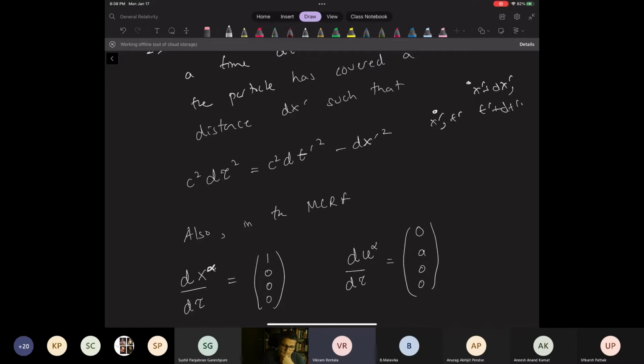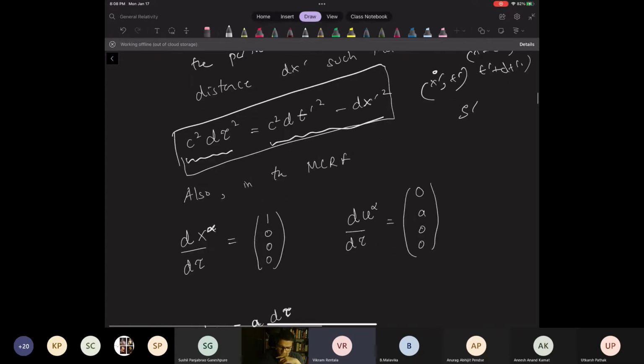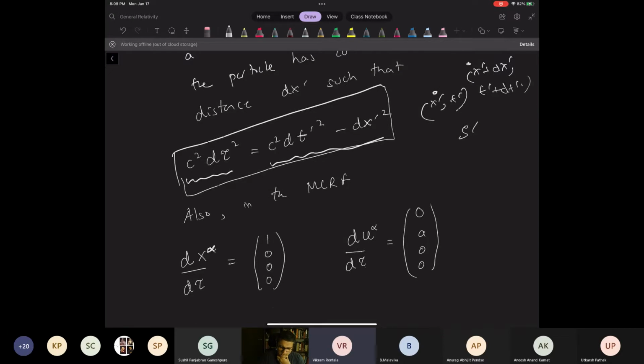And what we would say is c squared d tau squared, that proper time interval, we would calculate in the frame S prime by taking the 4-vector difference between these two and squaring it. In other words, we calculate c squared dt prime squared minus dx prime squared. And these two should be the same, because this is a Lorentz invariant quantity.